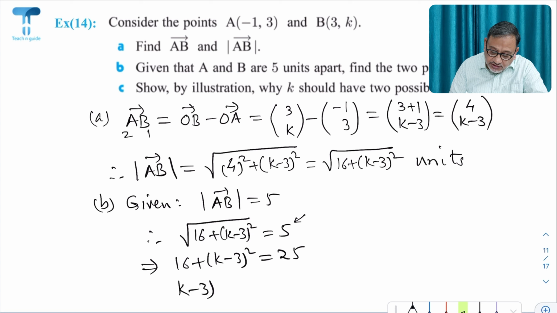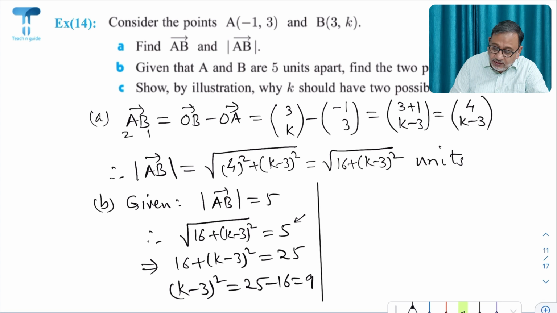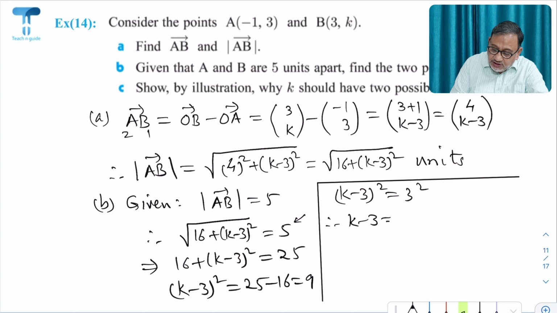So (k minus 3) squared is 25 minus 16, which will be 9. And I will solve this here so that everything is in front of you. Okay. So (k minus 3) squared is 3 squared. Therefore, k minus 3 is plus minus 3, right? Because when we take the square root, it can be plus and minus 3, okay?